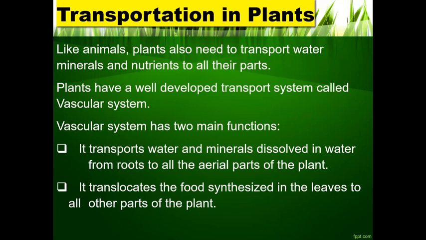This system of transportation carries water and dissolved minerals from roots to all the aerial parts of the plant like stem, leaves, flowers, and fruits. Food is synthesized in green leaves and is transported and translocated to all parts of the plant body, including roots, to help growth and other life activities.